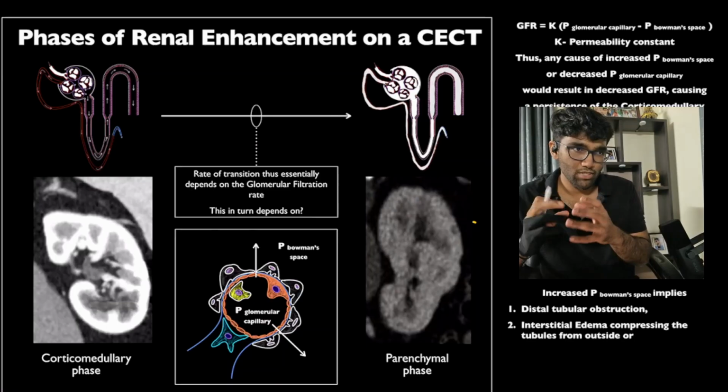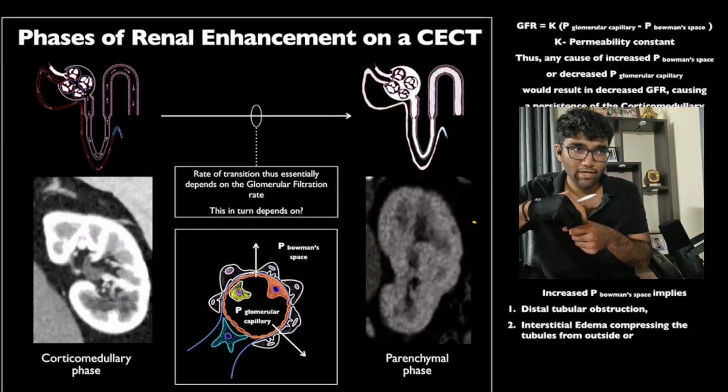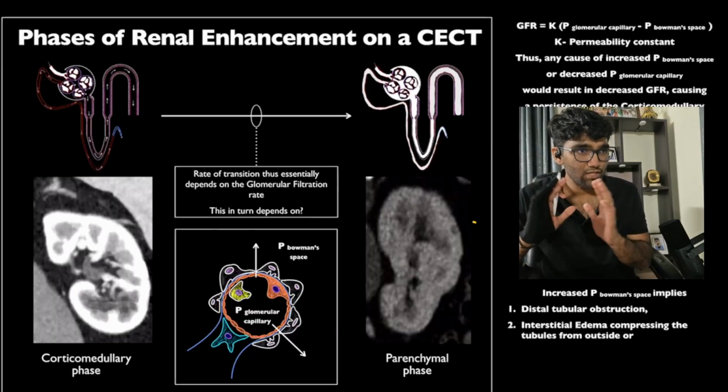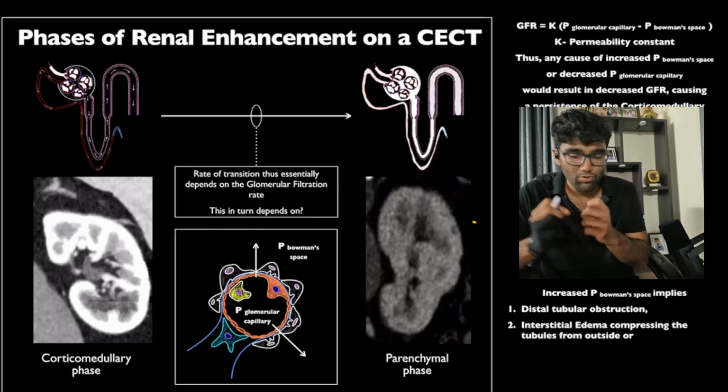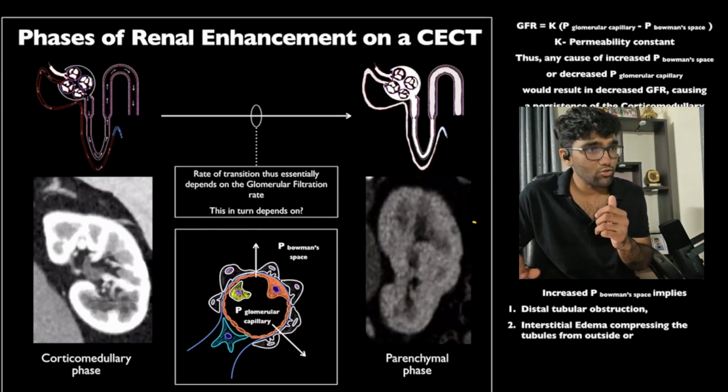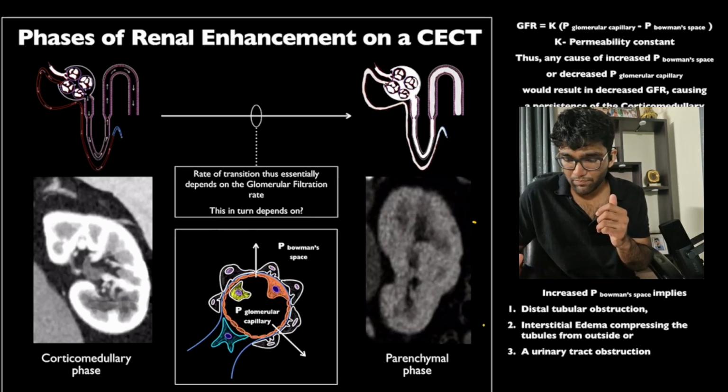So tubular obstruction due to something getting deposited in the tubules, or the tubular epithelial cells getting desquamated and obstructing the tubule, edema within the interstitium of the kidney compressing the tubules from outside, or obstruction much more distally, that is, a distal urinary tract obstruction.